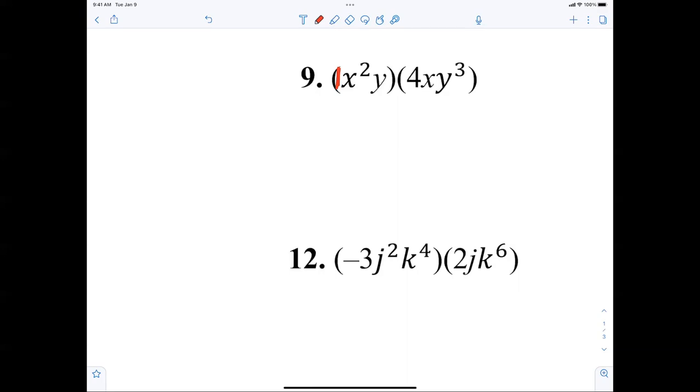What do I get? 4. I get a 4. Now, what do you do to the exponents? So what do I get? X to the... Where's a 3? That's on the y. Yes. That's how simple it is, guys. Nothing to it whatsoever.